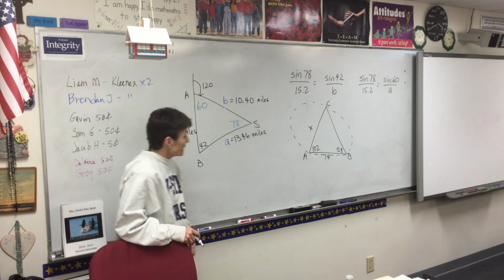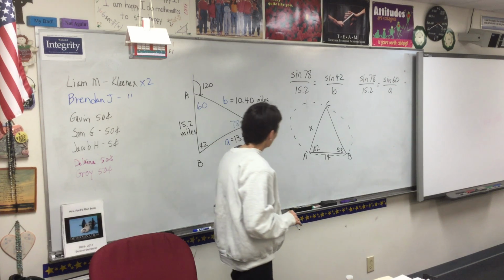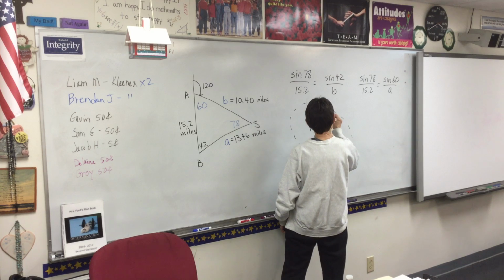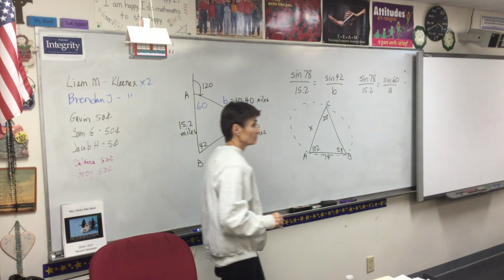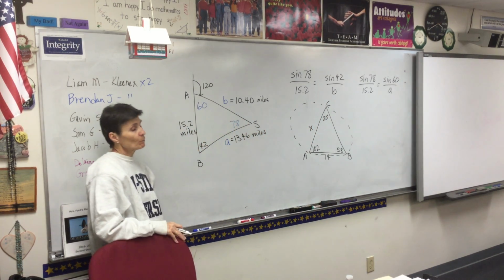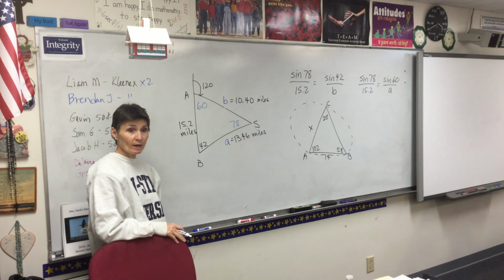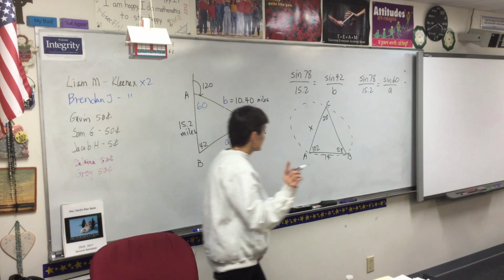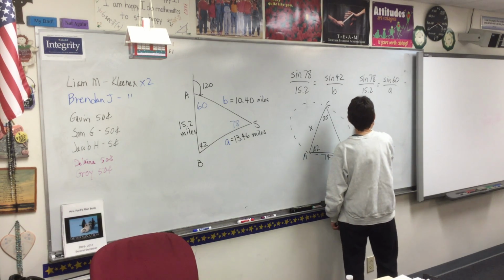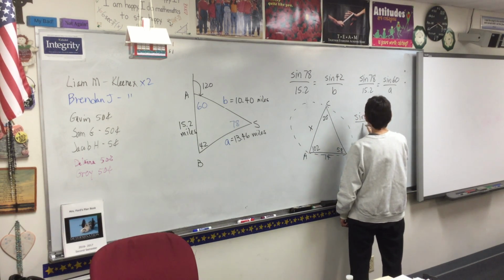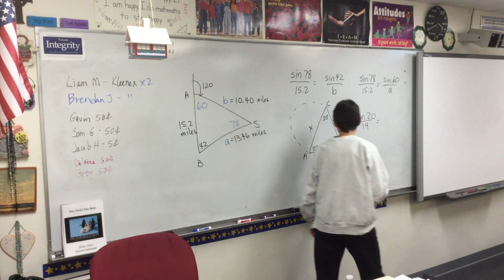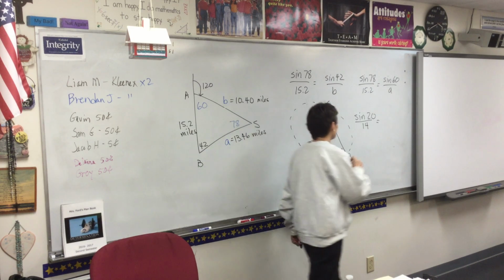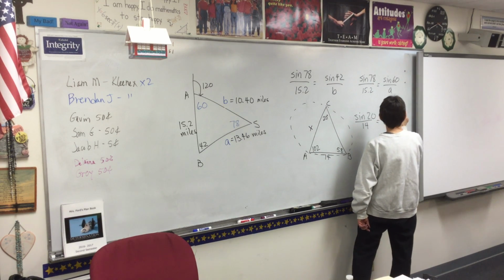Who's got a plan or an idea? Angle C is 20. That's good. Anytime we know two angles, we're going to find the third one, right? So sine 20 over 14, Sam, you're on fire, equals sine 58 over x.